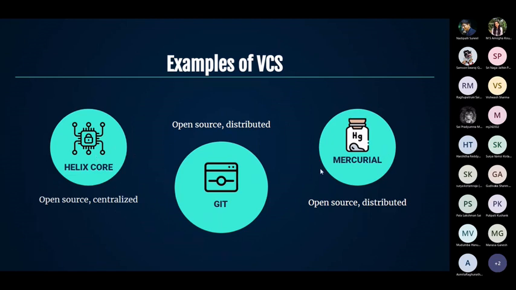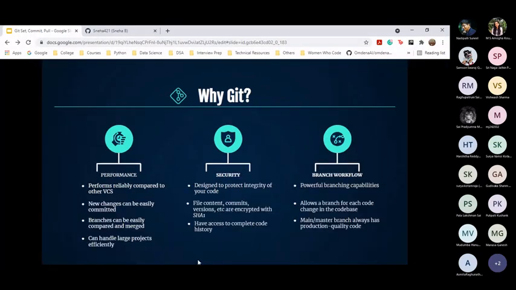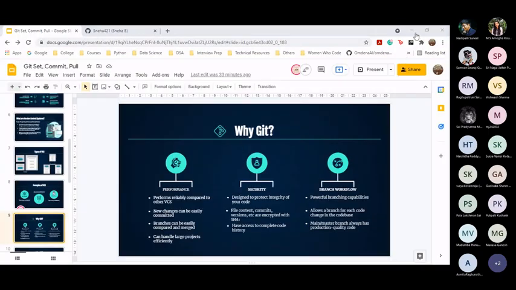So all of these have differences. Although both Git and Mercurial are open source and distributed, they still have some differences when it comes to commands or their interface and things like that. So Git is the most popularly used version control system, and that's what we'll be focusing on for the rest of the session. All right, over to Sunil, who will be speaking about why Git.